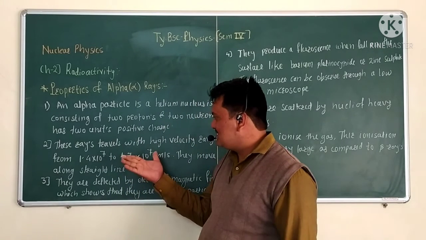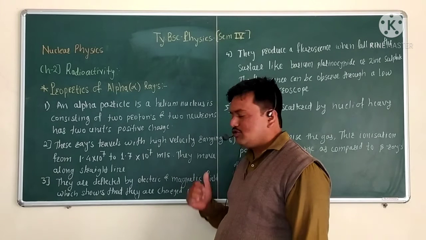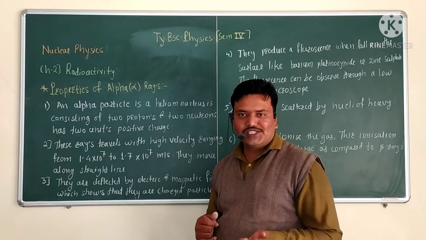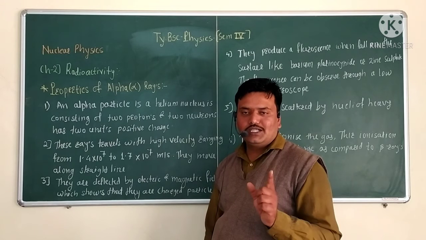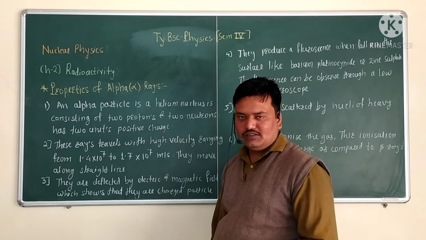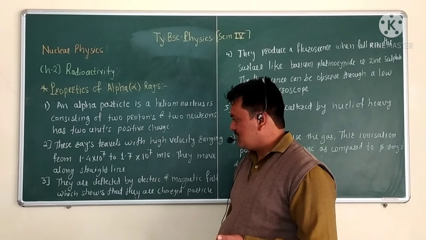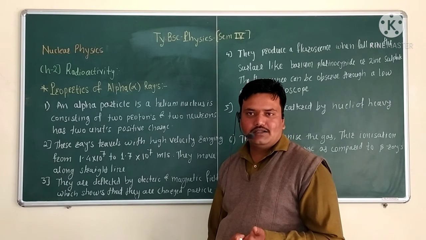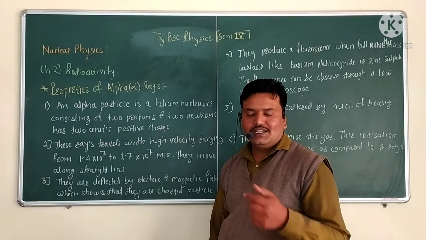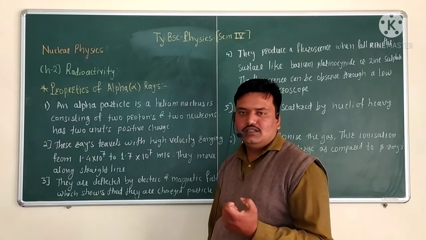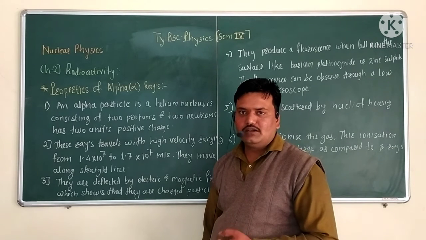The second property is that these rays travel with high velocity, in the range of 1.4 into 10 to the power 7 to 1.7 into 10 to the power 7 meter per second. Next, they are deflected by the electric field and magnetic field, which is why we say that the alpha particle is a charged particle.